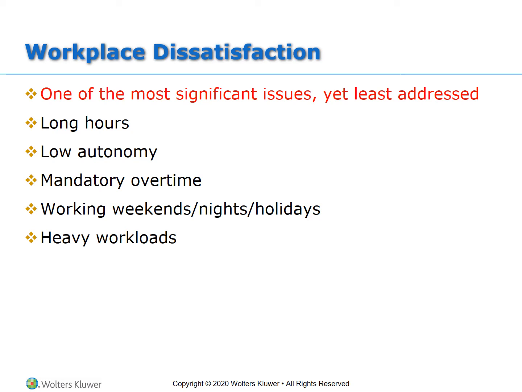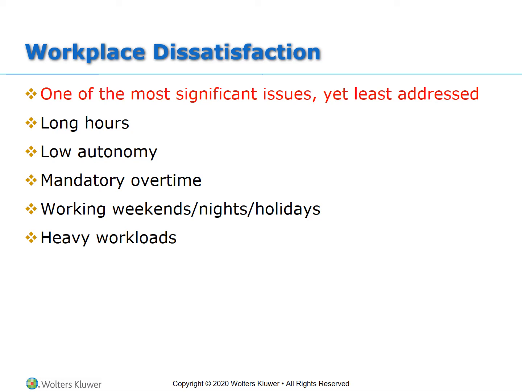And there are so many different things. Like I say, workplace dissatisfaction is one of the most significant issues, but it's least addressed. The long hours. Most nurses work 3 12-hour shifts, if not more. Low autonomy, mandatory overtime. Mandatory overtime can lead to big-time workplace dissatisfaction.